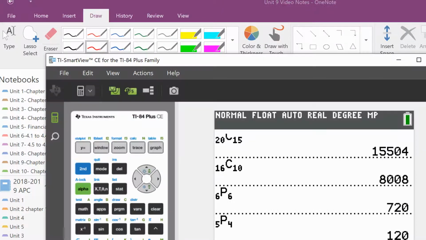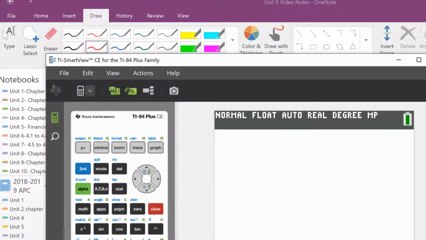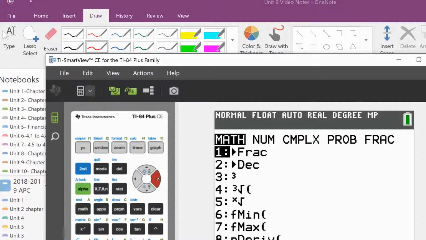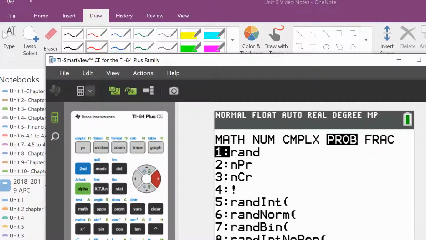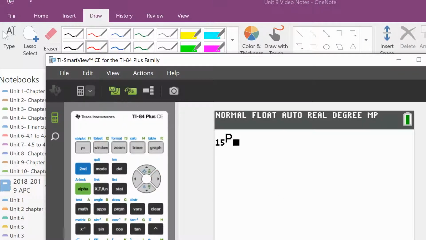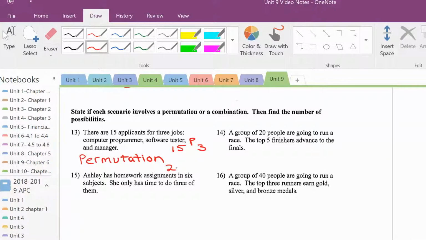So you type it in your calculator, 15, and then math, over to probability. Number 2 is permutation, and 3, and you get 2,730 different ways that you could choose 15 applicants for the 3 jobs.